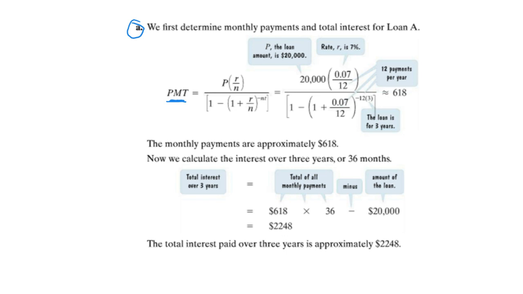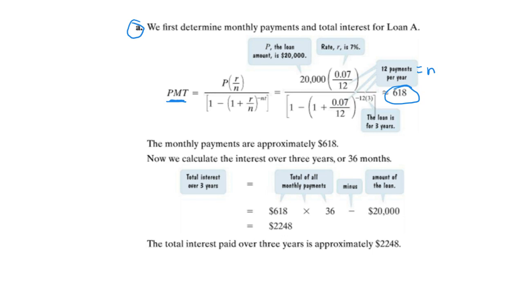Monthly payment means you're paying 12 times a year, so N is equal to 12. And again, it's for 3 years. When they do the calculations, they come out with approximately $618 for the monthly payment.